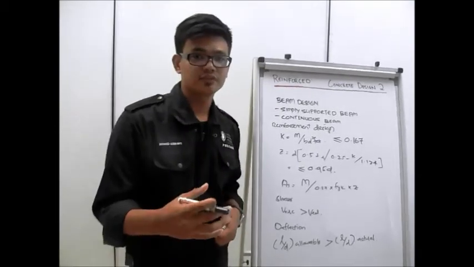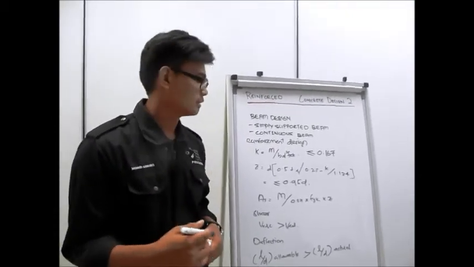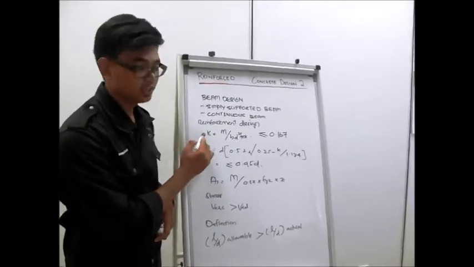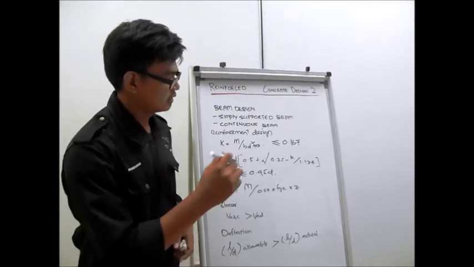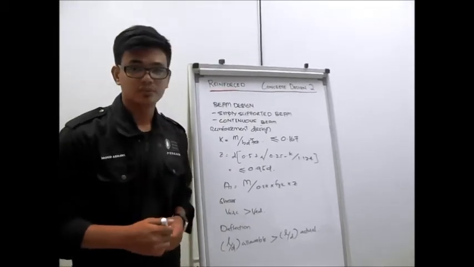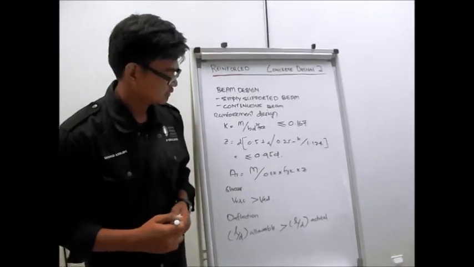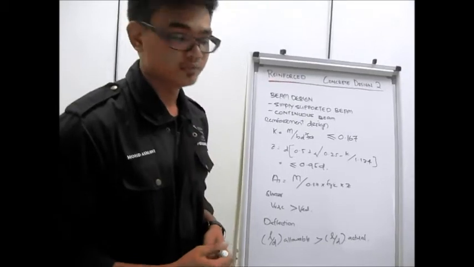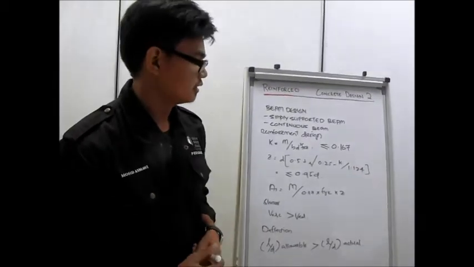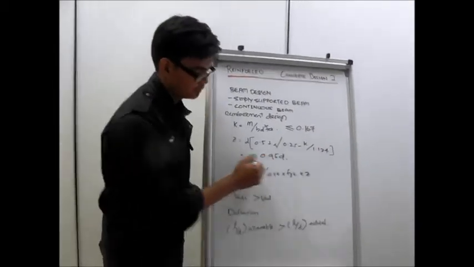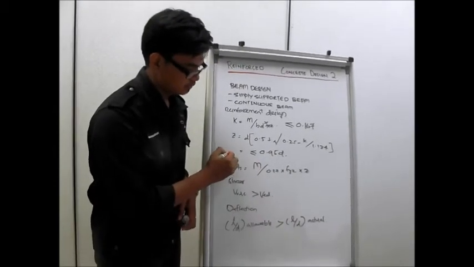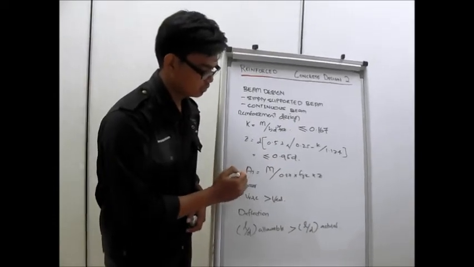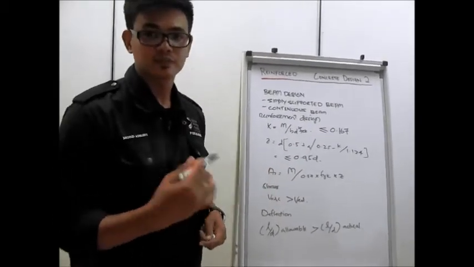After we have the moment from the frame analysis, we proceed to calculate for the K. For K, it must be less than 0.17, and then for the Z, it must be less than 0.95 D.